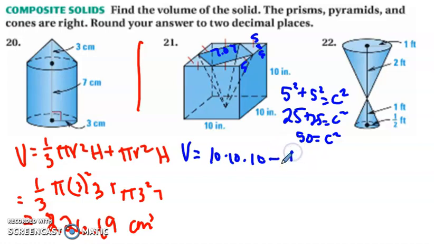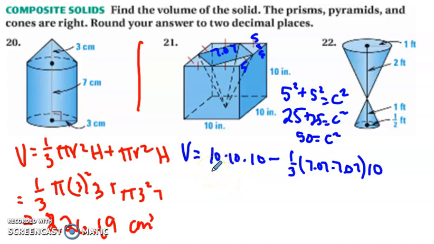So it's a pyramid, so I have 1/3, and then the area of the base, which is 7.07 times 7.07. And then we're going to multiply that times the height. It looks like the height is the same as our cube, so we're going to multiply that times 10. And let's see what we get.